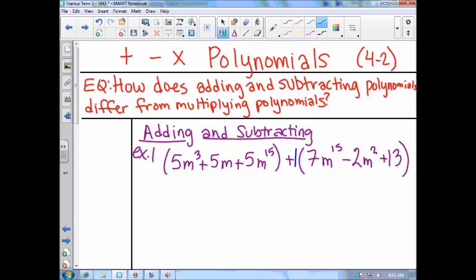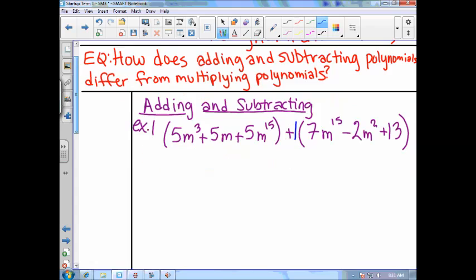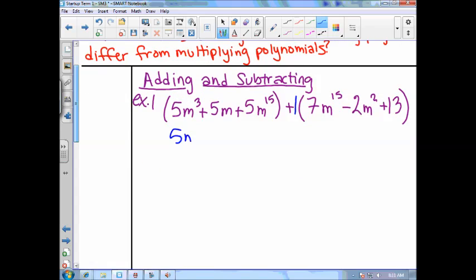No. So we can just drop all of the parentheses in adding. We don't really need them. So I'm just rewriting it. I dropped all the parentheses and we look for like terms.